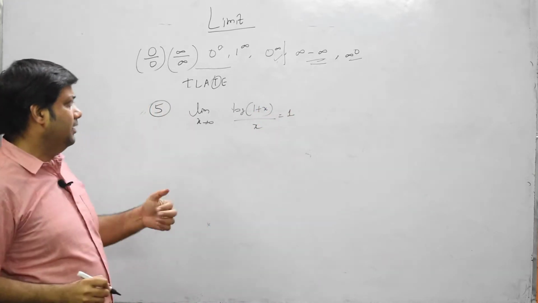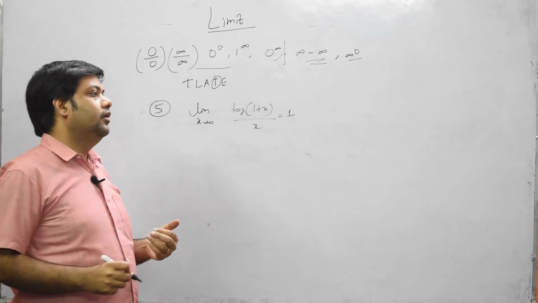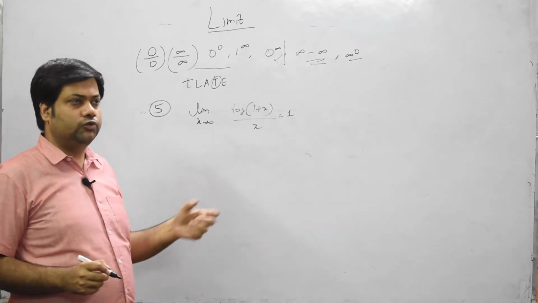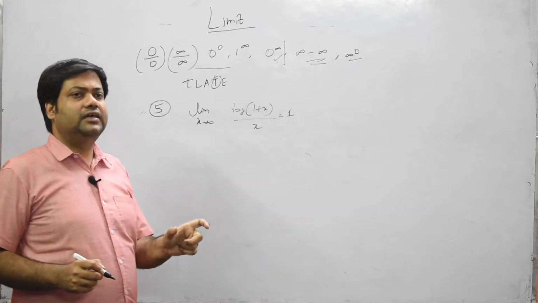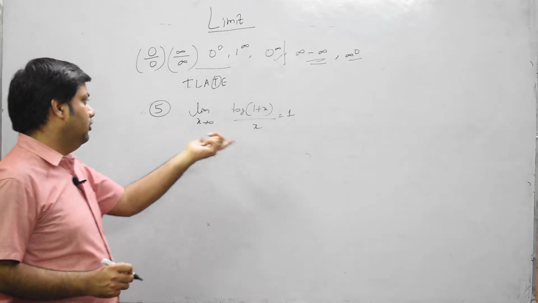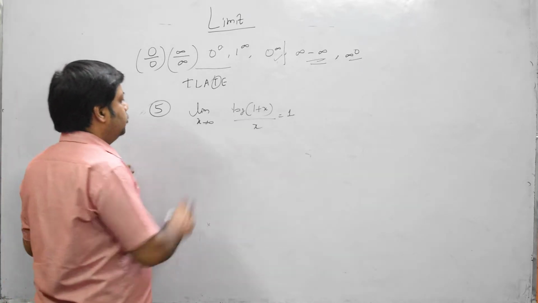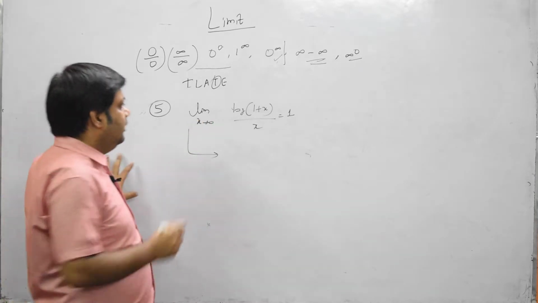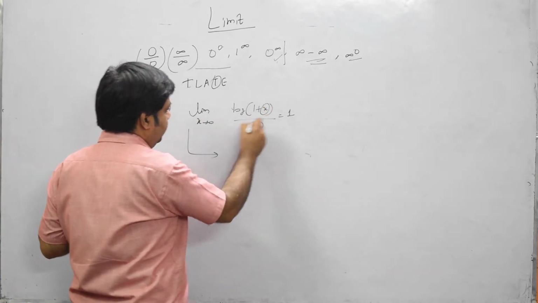Now, if you expand, you can also get the same formula. So we have the expansion for log 1 plus x, just like e to the power x, and that can easily be done. So if you find the expansion of log 1 plus x, you get this. So here also the same application comes into the picture, which says that if this is x, then this also has to be x.